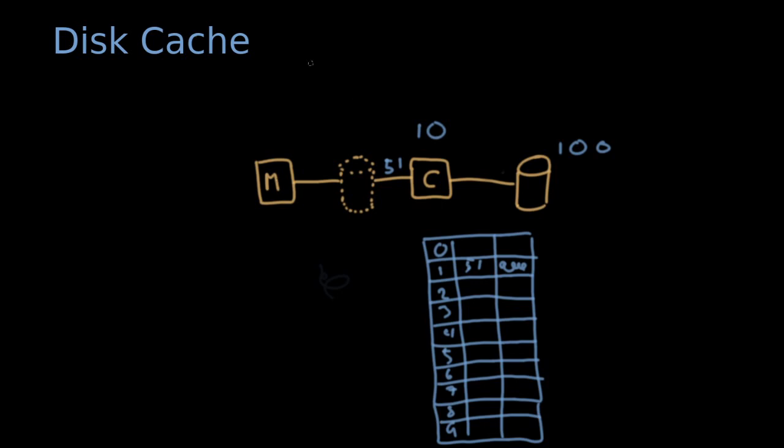Now let's do another situation. Let's say a write command is issued to entry number 1. Again, when we do the modulus with 10, we get 1. But now we see that this entry is occupied by entry 51.